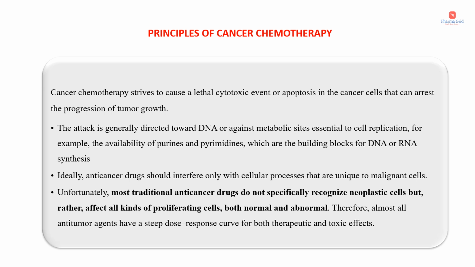The attack is generally directed toward DNA or against metabolic sites essential to cell replication, for example, the availability of purines and pyrimidines. These purines and pyrimidines are the building blocks for DNA or RNA synthesis.